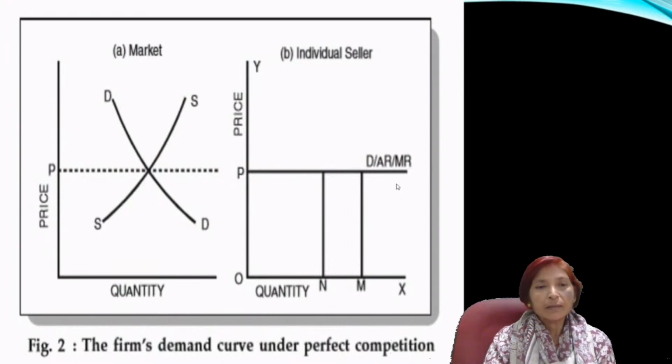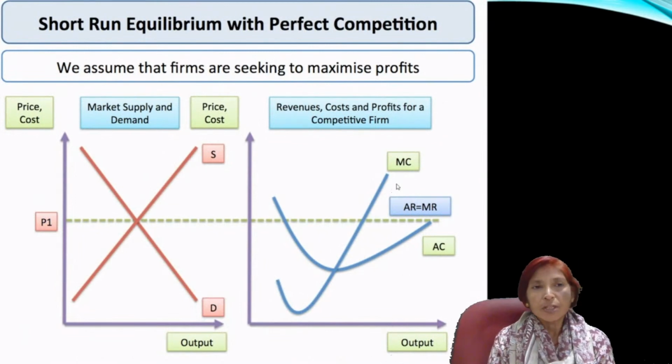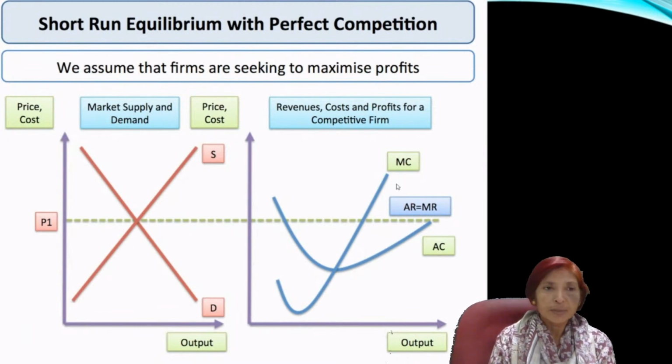Now, next is how short-run equilibrium is determined under a perfect competition market. We assume that firms are seeking to maximize profit. And how can a firm maximize its profit? You know that where the demand and supply curves intersect each other, the equilibrium price is determined.